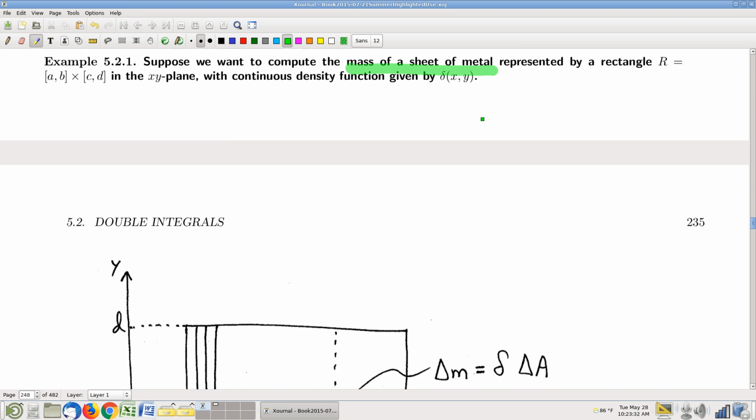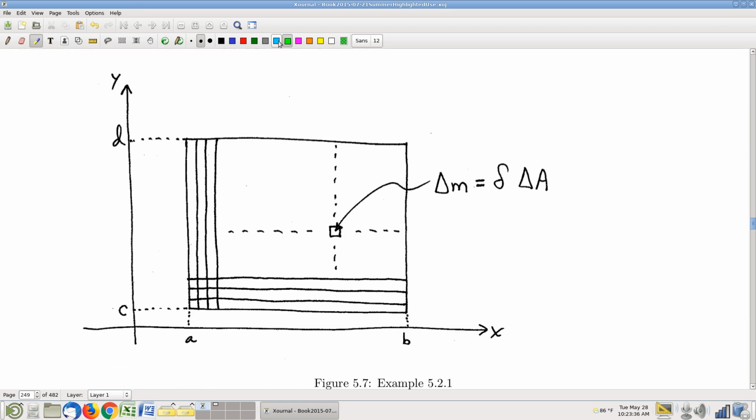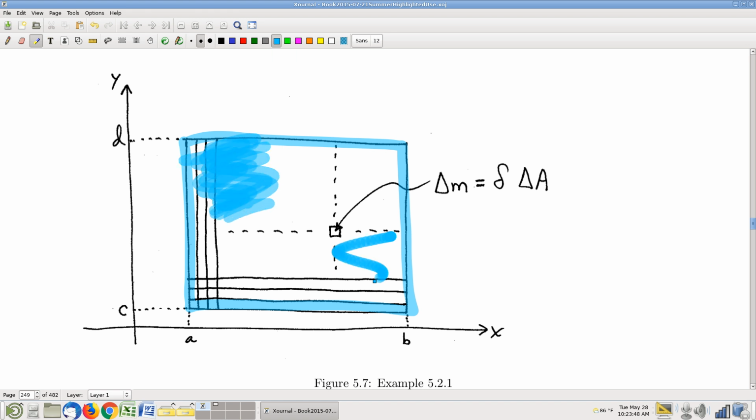The metal alloy has more iron in some spots and more aluminum in other spots. So here's our sheet of metal. And again, maybe it's more dense over here and less dense over there. How would you compute the total mass?